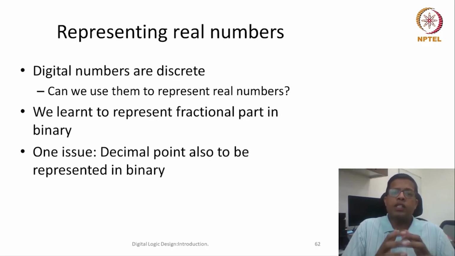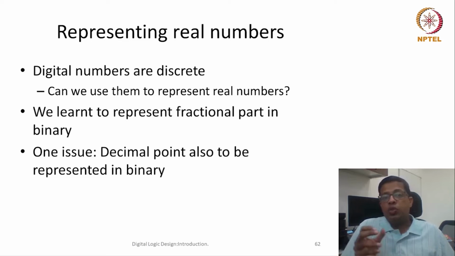In our first lecture we understood that digital numbers are discrete. Discrete means they're not continuous. Now, can we use these discrete numbers to represent continuous numbers like real numbers?